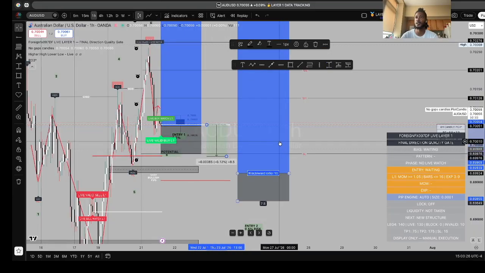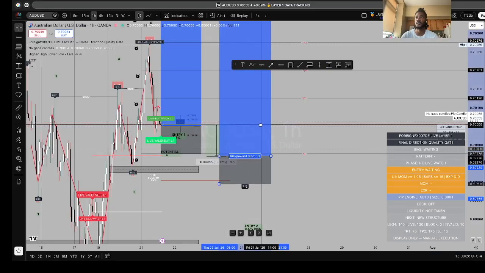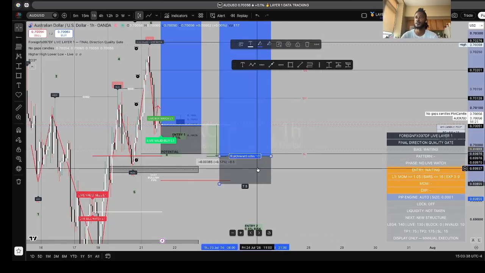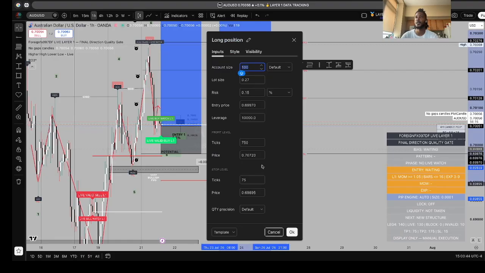It's damn near at the stop for the first position. Want to make sure it's correct. It looks a little bit off. So right there. And now I'm going to put my buy limit in for the second position for this asset.